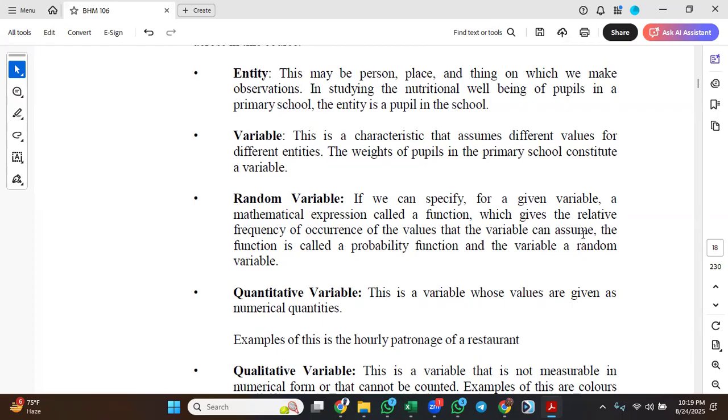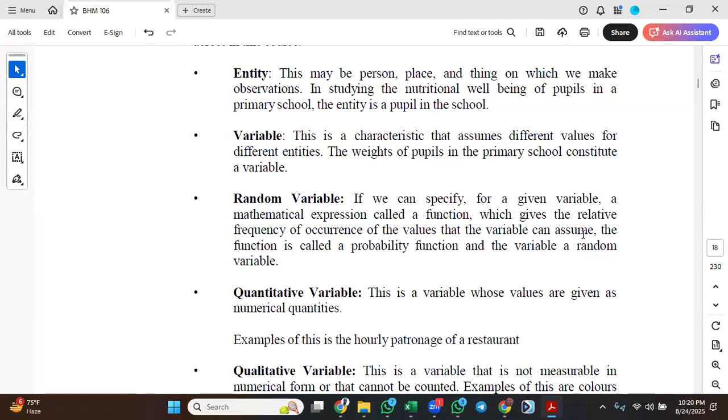And we'll call that probability. What I've just explained now is called probability. That means the probability of picking a child that is greater than 1.5 in this entity, pupils of primary school, is 0. It's not possible, because the maximum is 1.5.